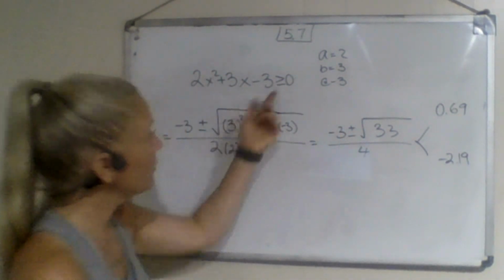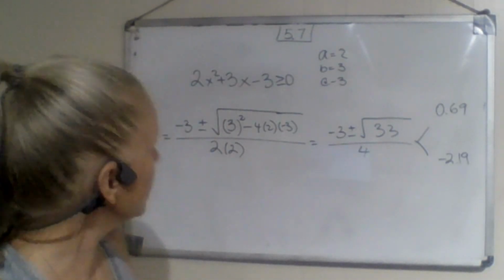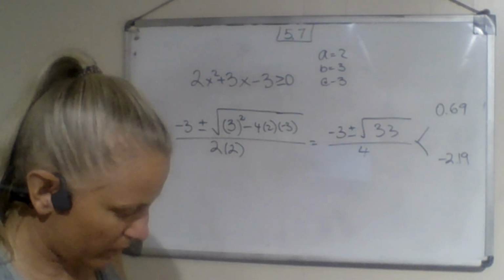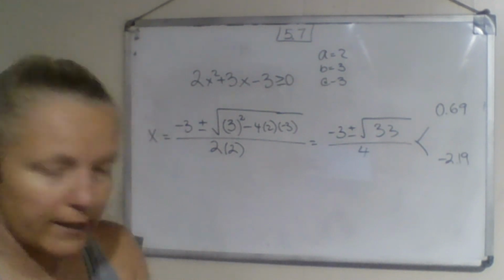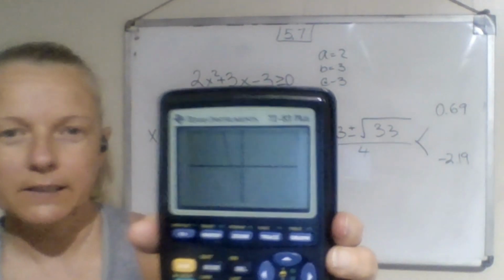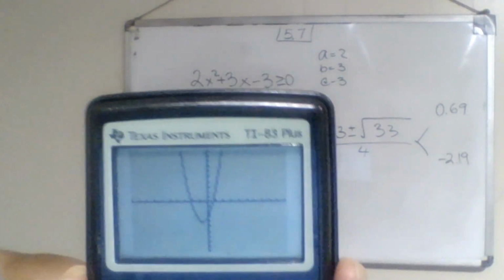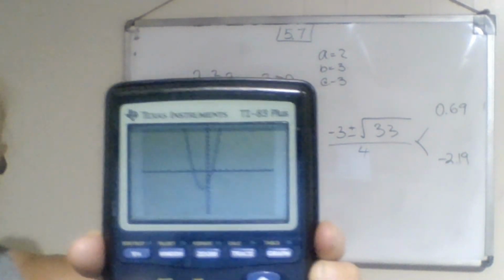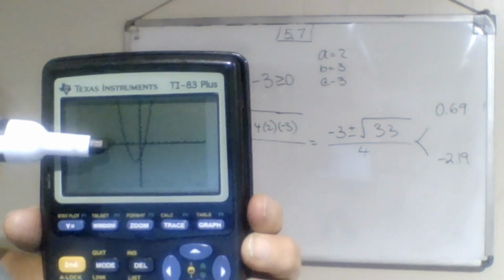Now, I need to know where this is greater than 0, so I'm going to have to come right back and graph it. Y equals, clear it out, 2x squared plus 3x minus 3. Zoom 6. I get this. There's my graph, and I'm looking for all the numbers that are greater than or equal to 0. We said all of them are on top of that line, right?